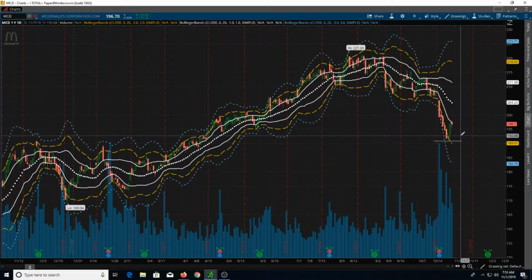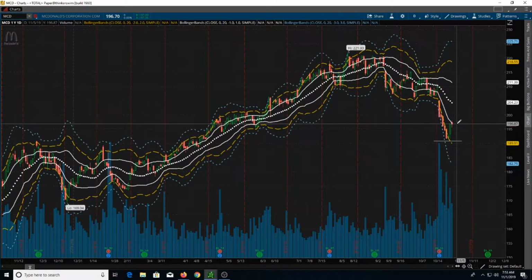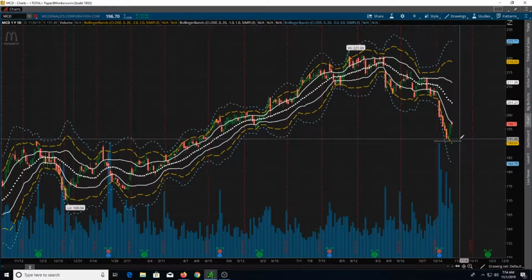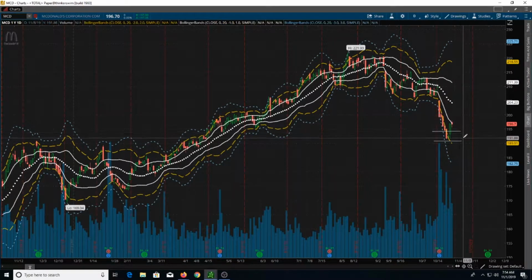This is probably going to be your best stop point, and there's a big difference between where it's at now at 196 and 191. So that's another concern I have as I look at this trade. It's a pretty substantial move down for my stop. The other area that I could place a stop would probably be right about here, which is at 194.